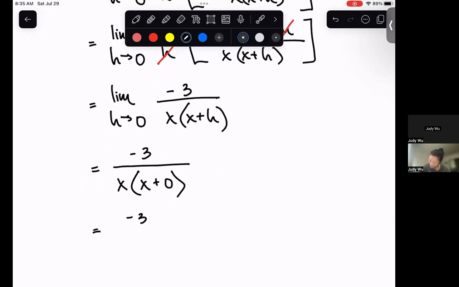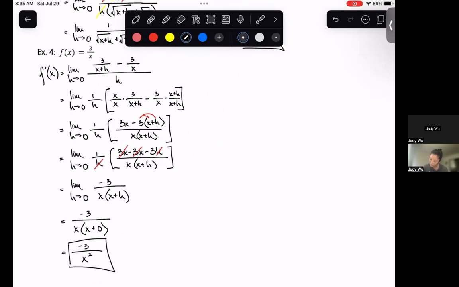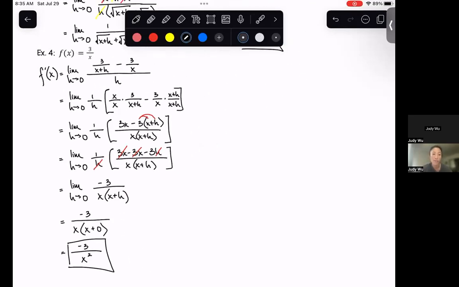This gives us -3 over x times x, which is x squared. And there you go. That function, -3 over x squared, will actually tell you the slope of 3 over x at every single point that you're interested in, okay? And it will tell you where you might not have a slope for the function, okay? So it tells you a lot of information.